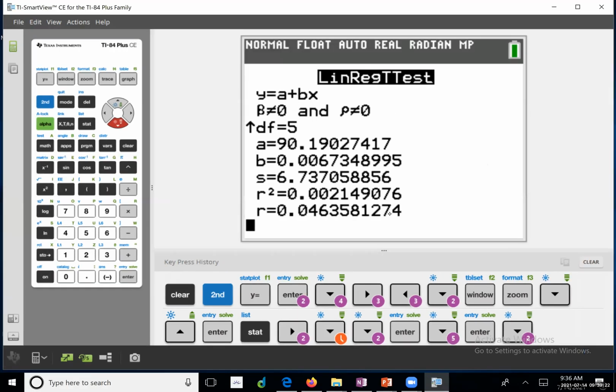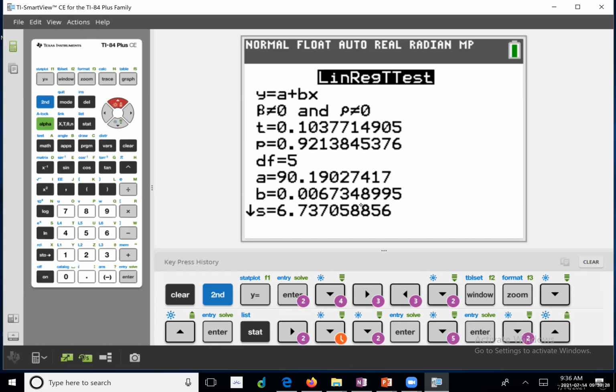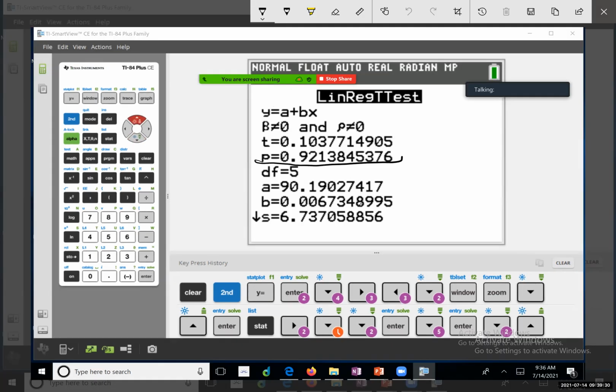Okay, and then let's just look at the p-value. You have a large p-value. It's definitely greater than 5%. So if we have a large p-value, do we reject a null or we fail to reject a null?